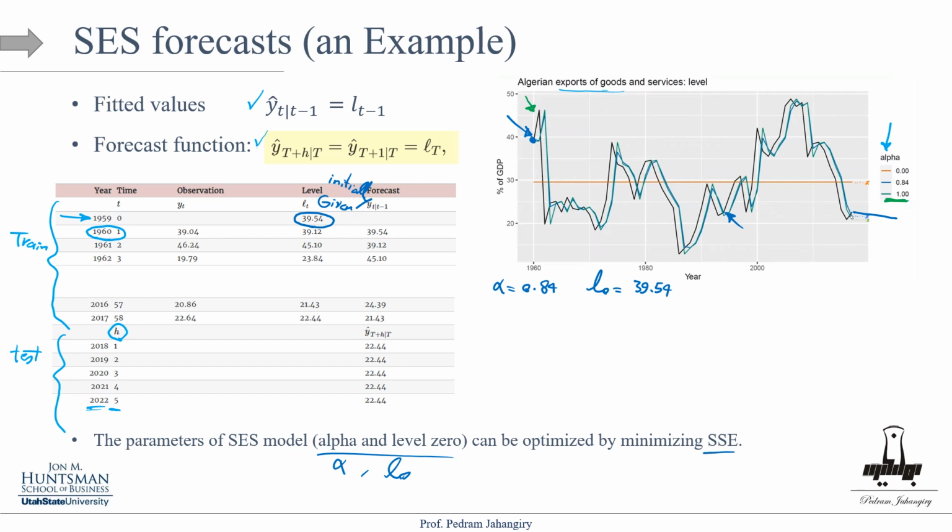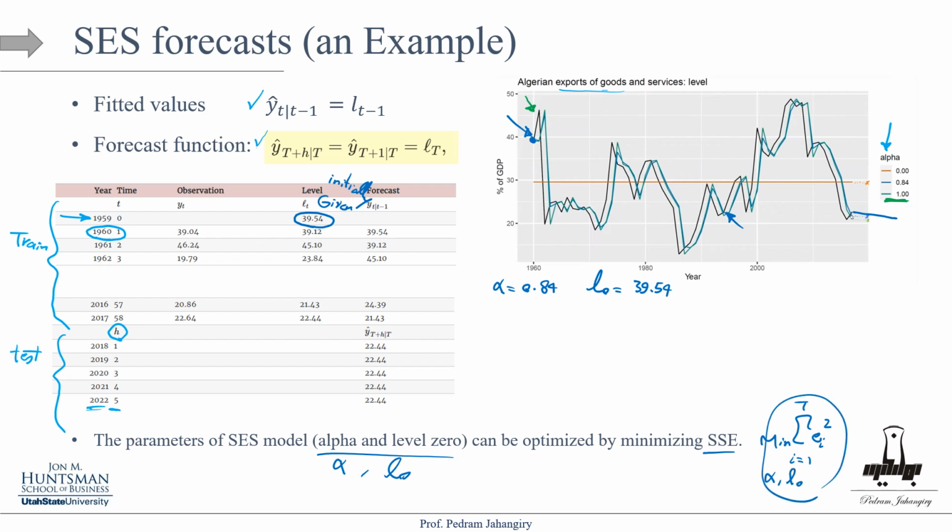So if I can find those errors, I can call them e_t squared, summed over i from 1 to capital T. This is the sum of squared errors, and I want to minimize it over two parameters. The parameters are alpha and L0. Okay, so what does that mean?